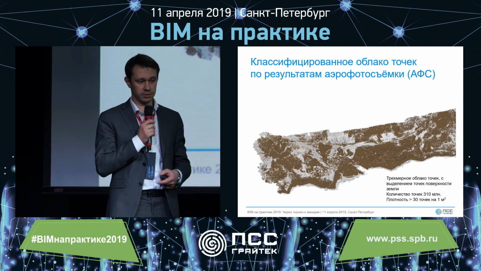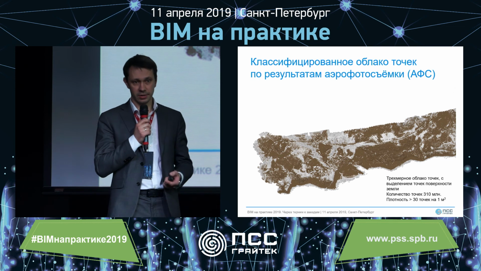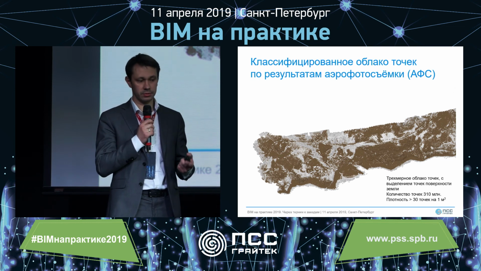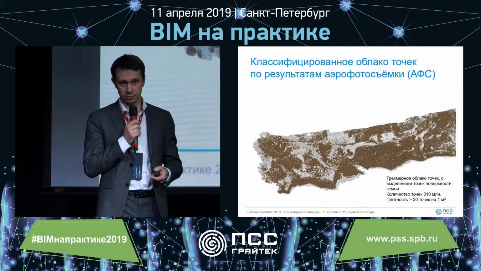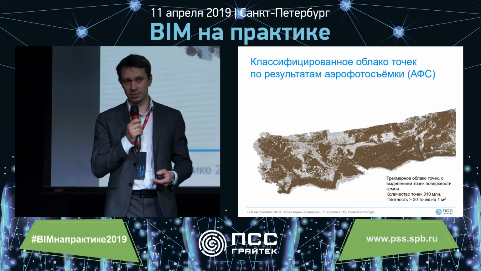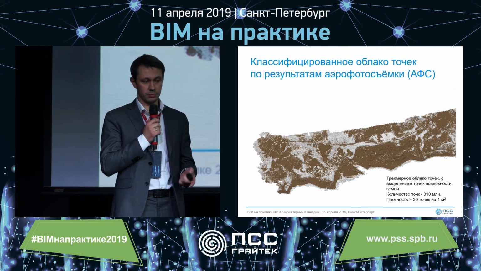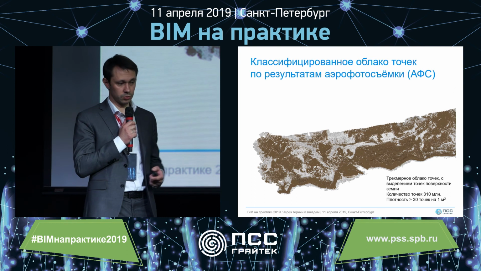It provides a digital terrain model, but it also allows you to build a 3D scene from the photos with the density that exceeds classic geodesic models by a factor of 20.